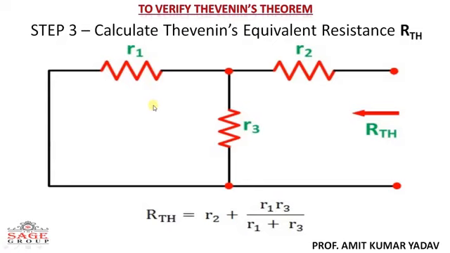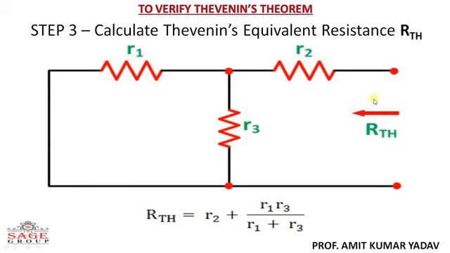Suppose if you have a voltage source, then just short circuit its terminal, and if you have a current source, then open circuit the terminal of the current source. Now in this circuit, as it has only one single voltage source, I have removed that voltage source and short circuited its terminal here.